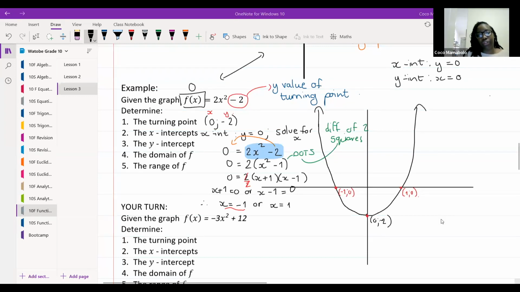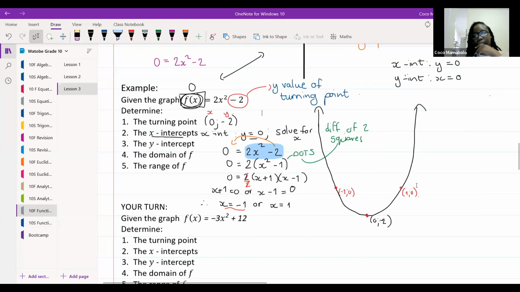Because in this question for number 2, we're looking for the x-intercept, I made y equal to 0. Remember, f of x is the same as y. So I've taken this whole f of x and made it equal to 0. So now my new equation reads 0 is equal to 2x squared minus 2, and then we solve for x.